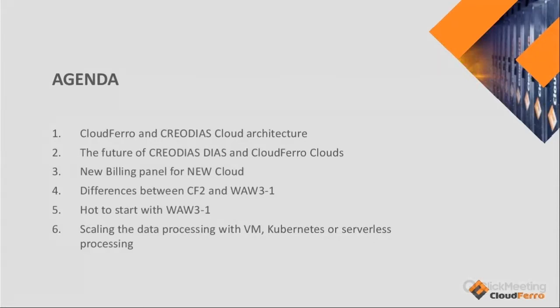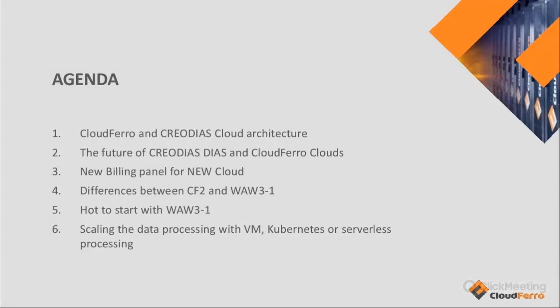Then I will try to describe and show you the differences between the old cloud, the CF2, and WAW3-1. Then I will show you a quick manual on how to start your workloads on WAW3-1, and then I will give you some quick tips and features on how we are doing the processing, which I think are the most important tips, on how to do processing in a big scale environment.